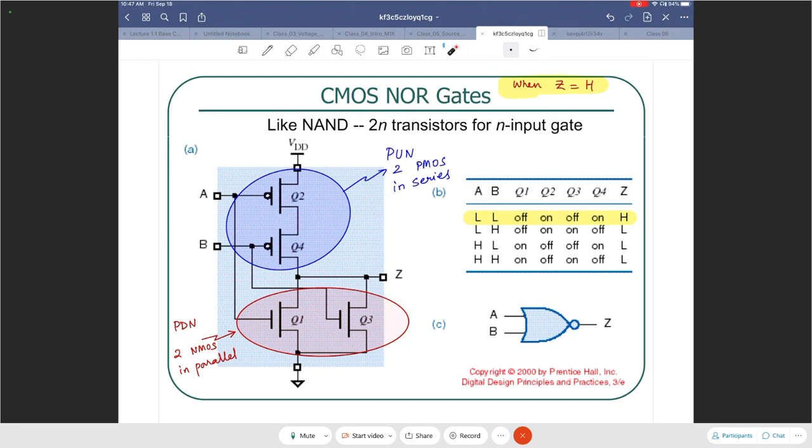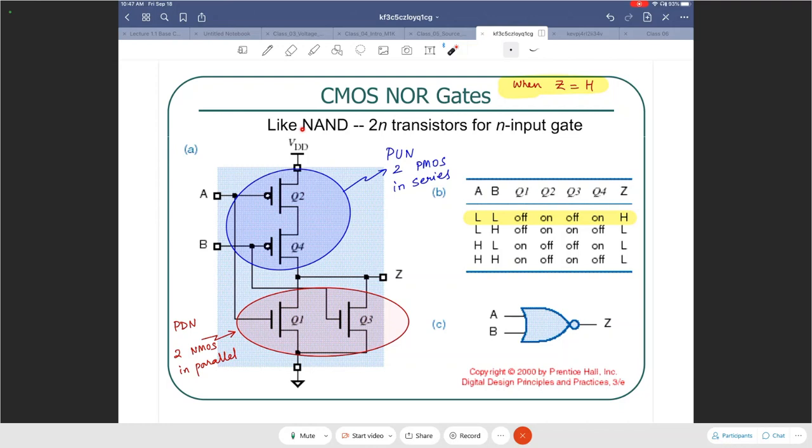And you can expand that to 3 gates, right? So what would need to change if I wanted a 3 input NOR gate? I would add one more transistor in parallel here, maybe Q5, which has to be NMOS. And I would add another PMOS transistor in series here, maybe Q6.